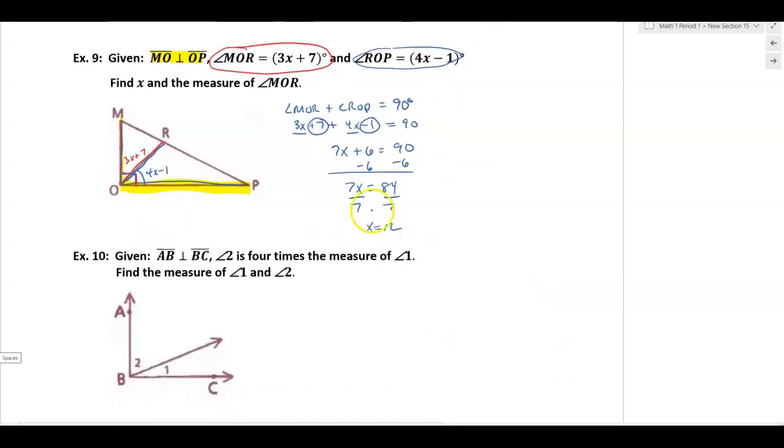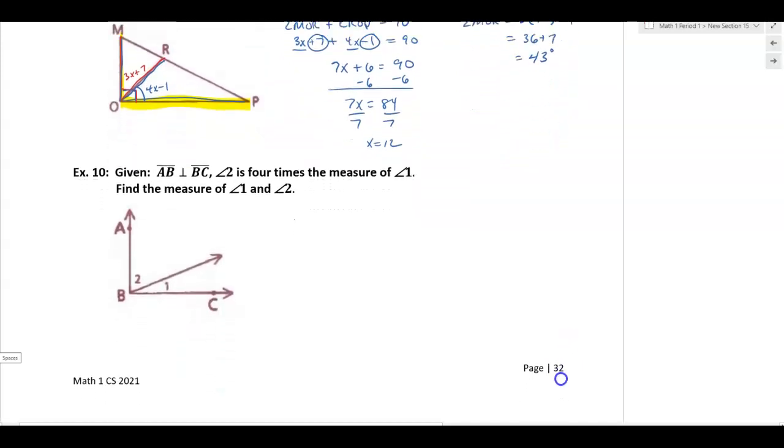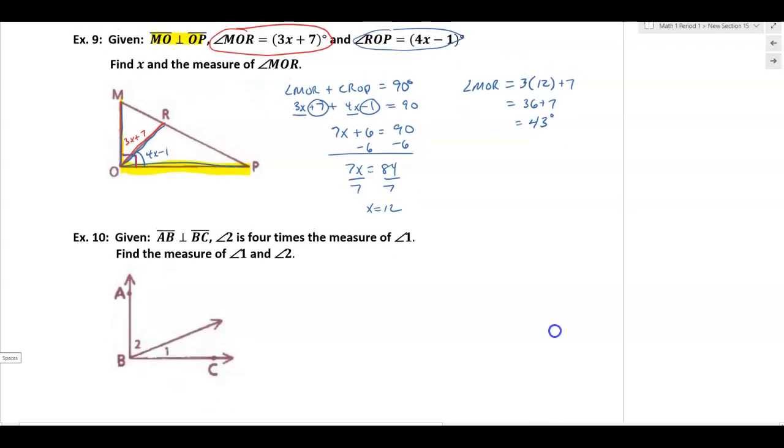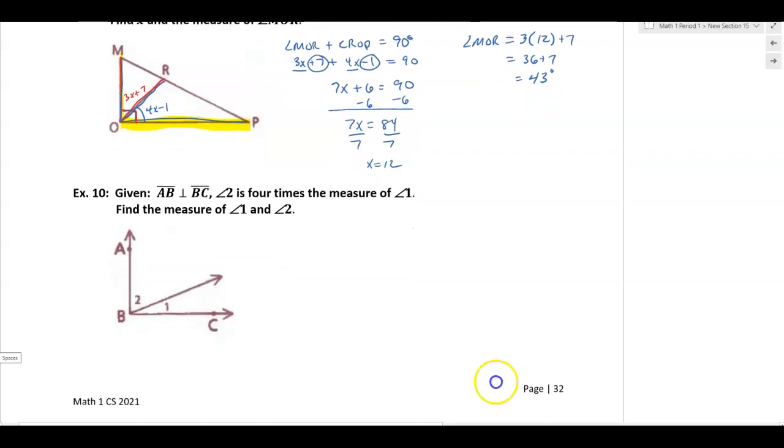If x is equal to 12, now I can plug that back in and say angle MOR is equal to 3 times 12 plus 7, which will give me 36 plus 7, which is 43 degrees. Okay, so that's a very good problem, and that's just knowing the symbols and what they mean and what they give you. Marking the diagram is critical.